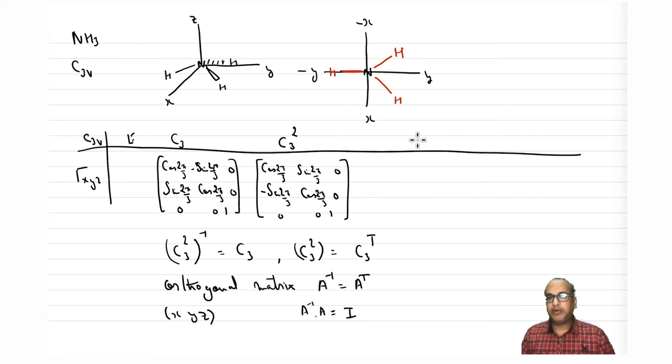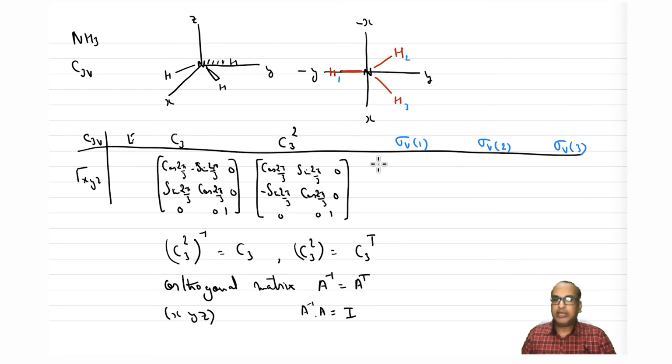Now let us write for sigma. Writing for sigma is easy for sigma 1. You know, we have sigma v1, sigma v2, and sigma v3, right? So let us see one by one how to write for the different sigmas. For sigma v1, we know that it is lying along the yz plane, right? We can see that here.